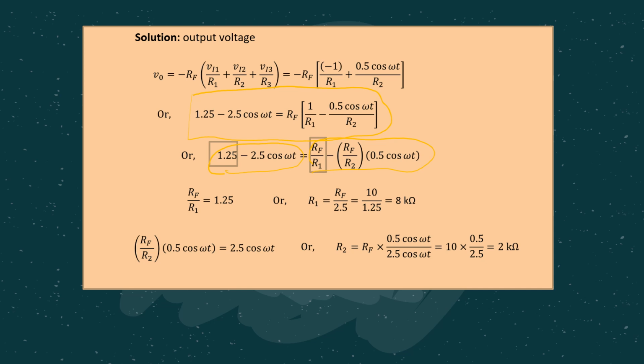So if you compare, you can notice that RF over R1 is actually equal to 1.25, and RF over R2 times 0.5 cos omega t is actually 2.5 cos omega t, by comparison. So by considering this, you can straight away solve for R1 as well as for R2. Remember, when the question is related to design, you are supposed to find the missing parameters, which in this case are R1 and R2.